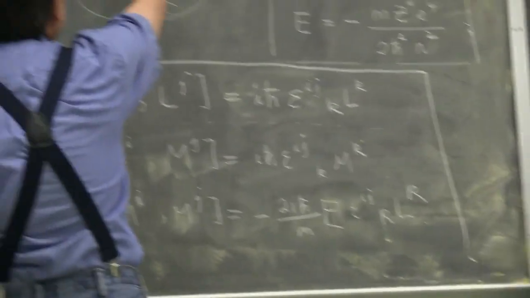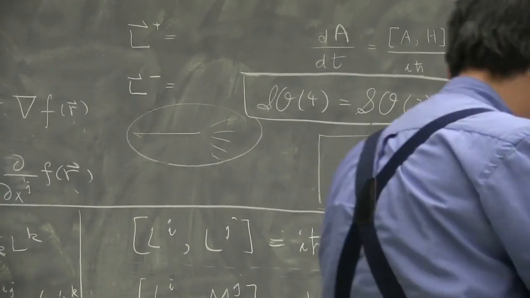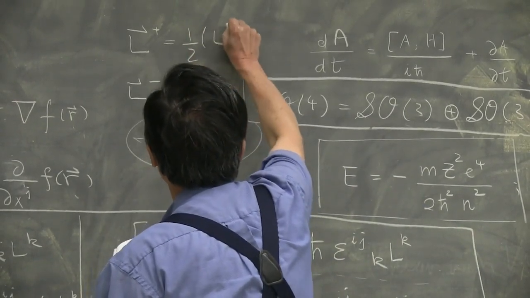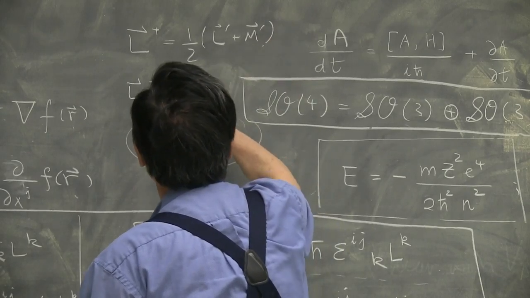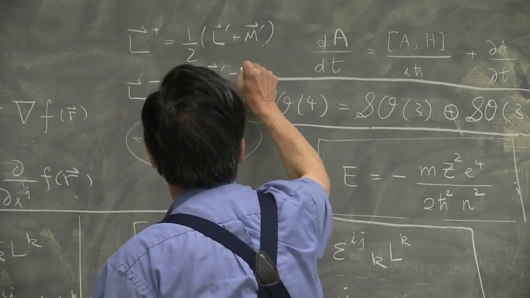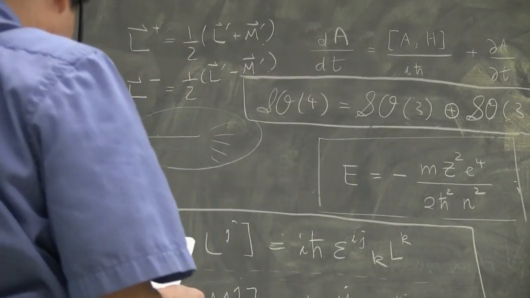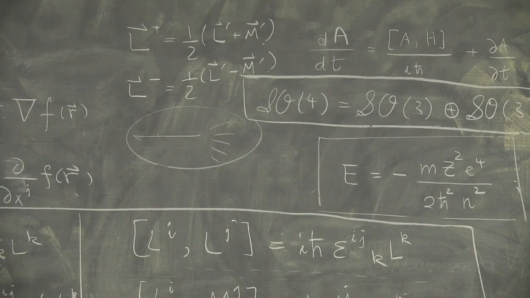And I simply define the plus to be a positive symmetrized sum of L prime and M prime. And this is the anti-symmetrized, so L prime minus M prime like this. Okay?